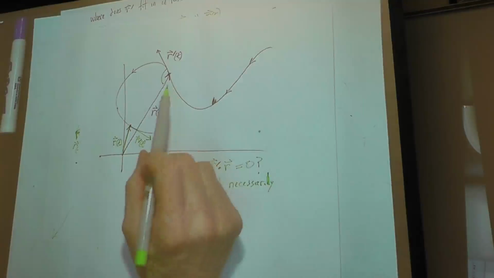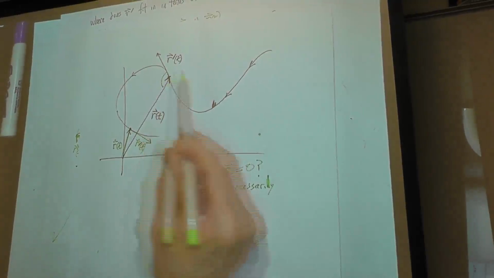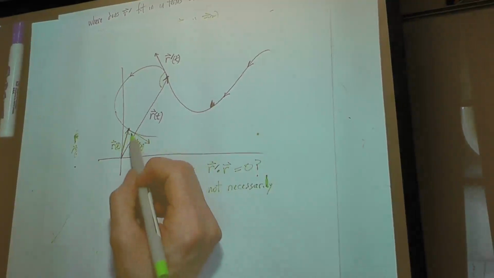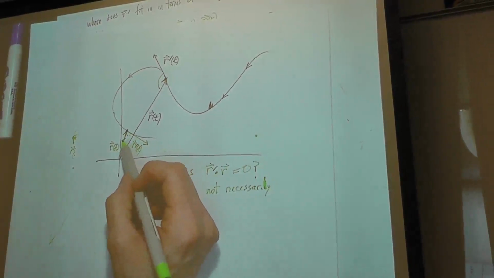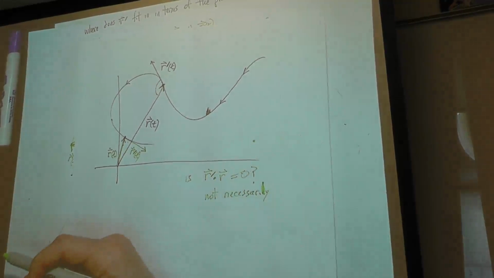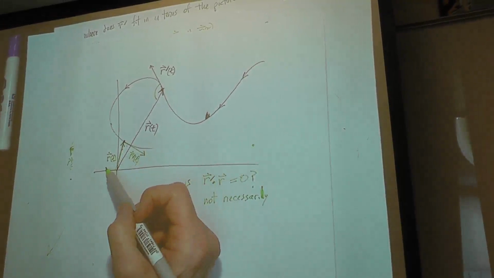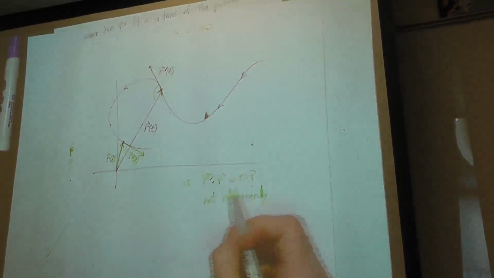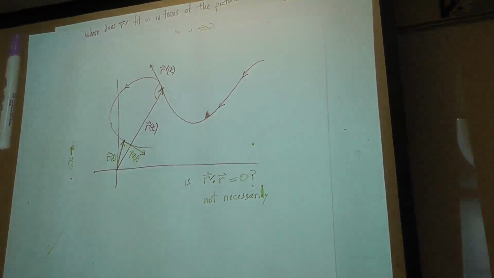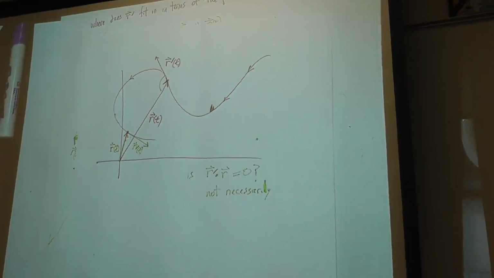If you took r dotted with r prime, it would be negative, because that angle's obtuse, bigger than 90 degrees. Down here, slightly positive. The angle's pretty close to 90 degrees, but maybe not quite, and it's an acute angle. Okay? In general, this is not going to be the case. There will be instances where that happens, but not at the moment.